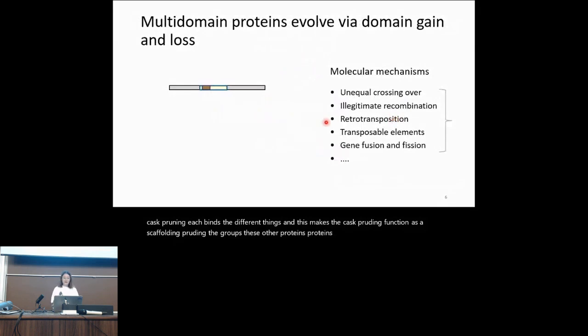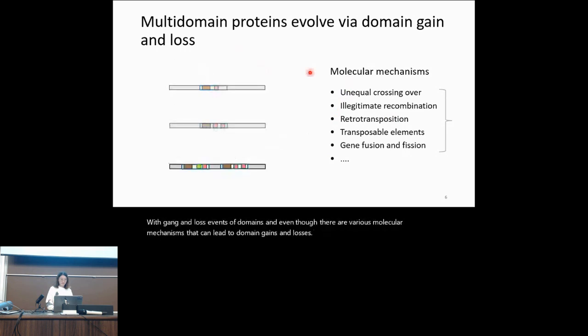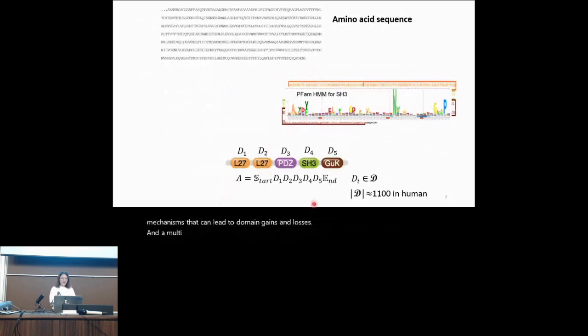And this is our mental model of how multi-domain architectures evolve. We model them with gain and loss events of domains, even though there are various molecular mechanisms that can lead to domain gains and losses. A multi-domain protein can be represented by its domain architecture, which is the sequence of domains in N-terminal to C-terminal order.